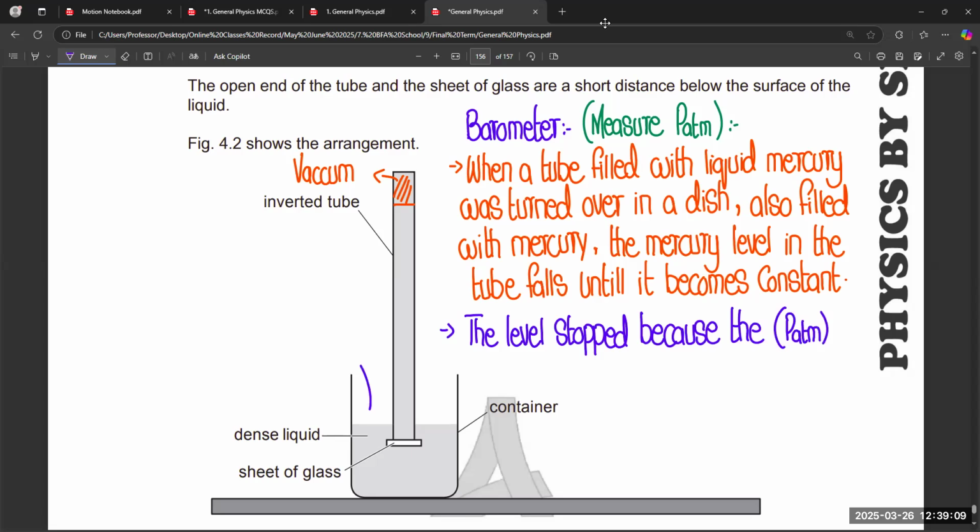This container is open, so atmospheric pressure is acting from the outside.